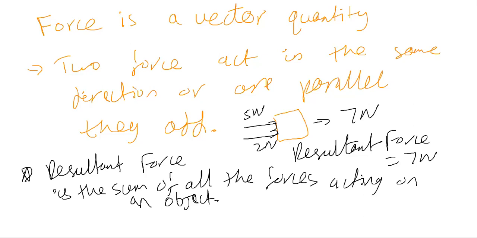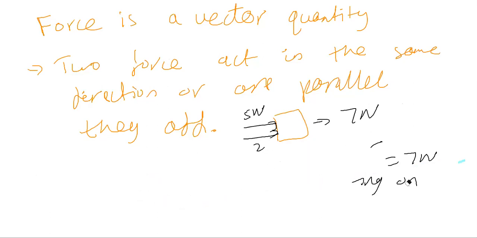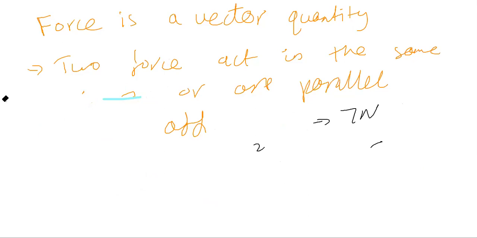Okay. So resultant force is the sum of all forces acting on an object. So if two or more forces act, it can be more than two. If two forces act in the same direction or are parallel, they add. So 5 + 2 is 7, they add. So the resultant force is 7.